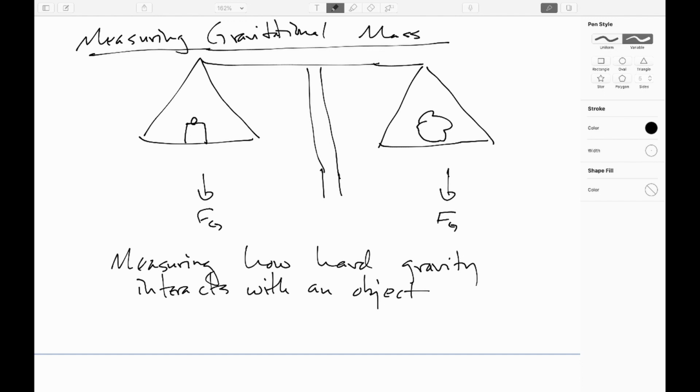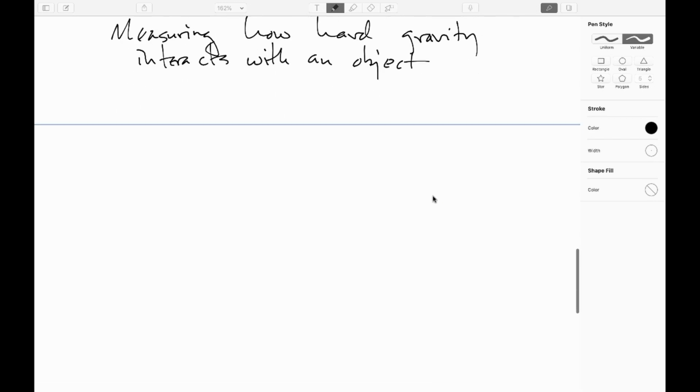Now, that doesn't mean that there might not be a difference at, say, the part per quadrillion level, or the part per sextillion level, or the part per vigintillion level. There may be a difference between these two. But to our best ability to measure, and we've measured it very precisely, it appears that the inertial mass is equal to the gravitational mass.